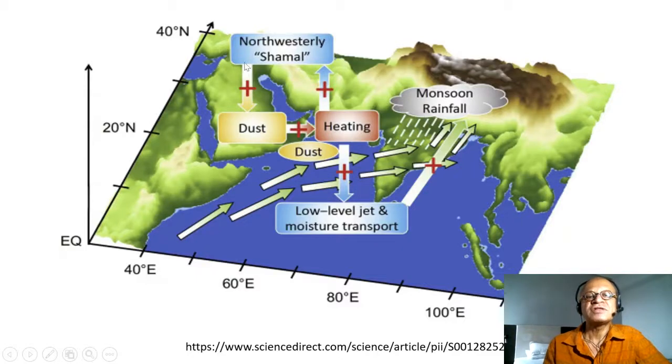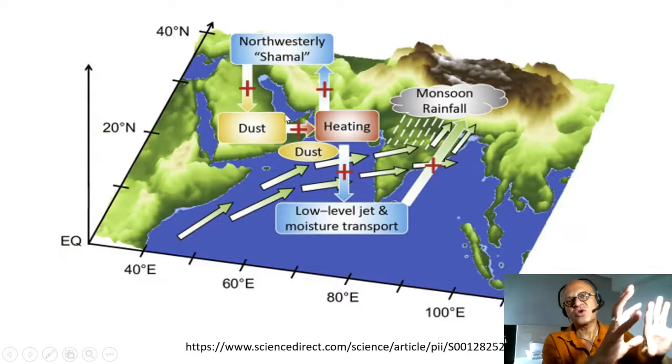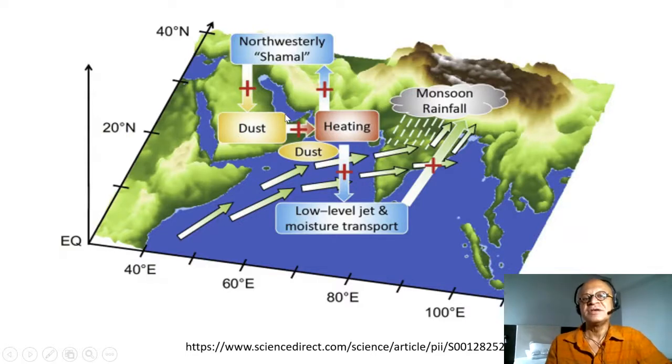So you have the northwesterly shamal winds over the deserts which load up the dust to the northwest corner of the Arabian Sea, and that increases the heating and the land-ocean contrast, adds to the Tibetan plateau heating, and strengthens the low-level jet and the moisture transport, favoring strengthened rainfall amounts over the subcontinent. And the relation between the strength of the southwesterly jet and the rainfall is pretty strong.